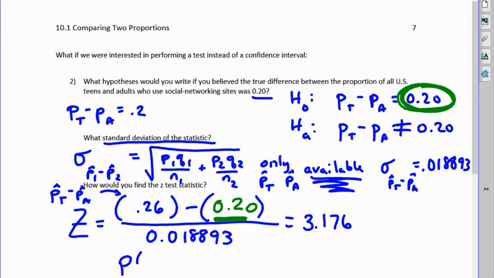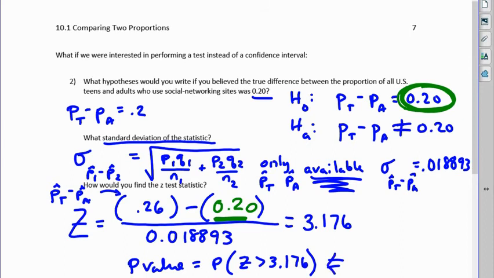Whoops. P-value. And that would be the probability that a z goes above 3.176, and then don't forget that you need to double it to get the answer.